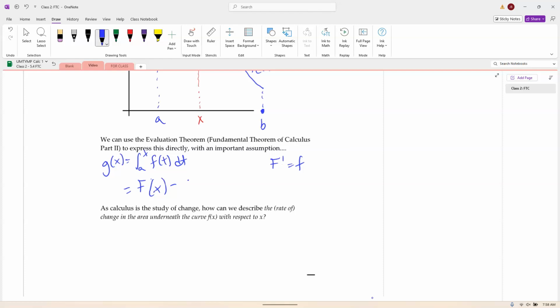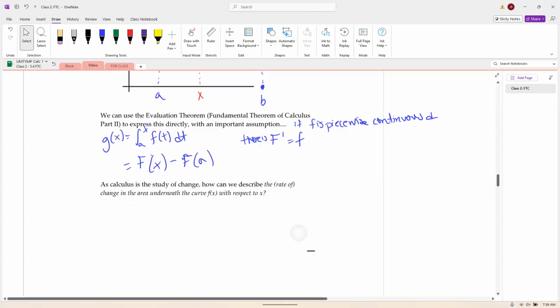And we would have to say that f is piecewise continuous here as well, and big F prime is equal to little f. Yes, we have to address those assumptions.